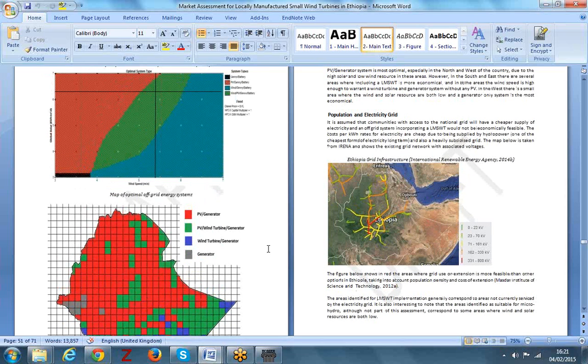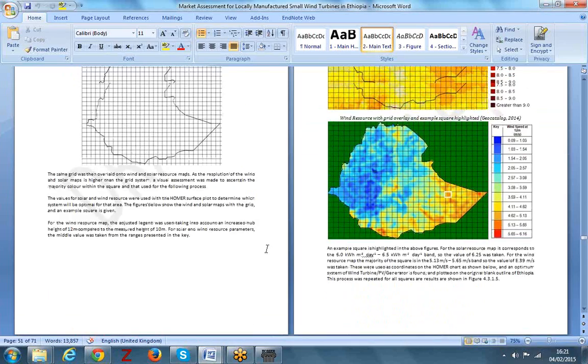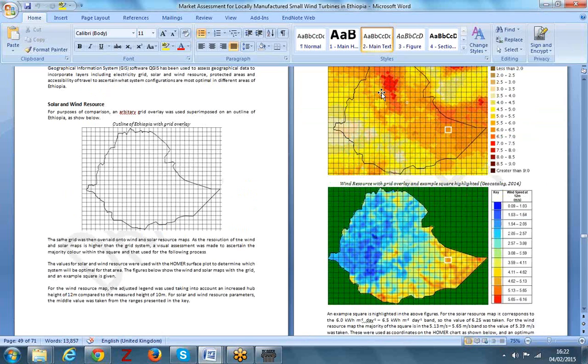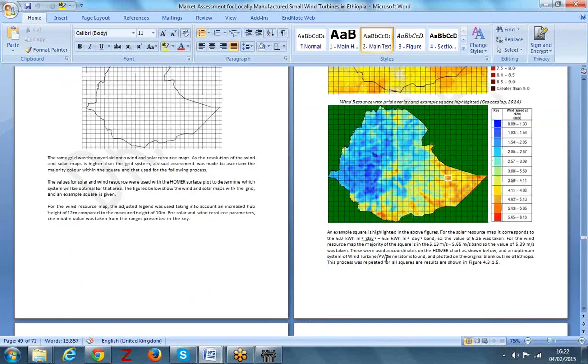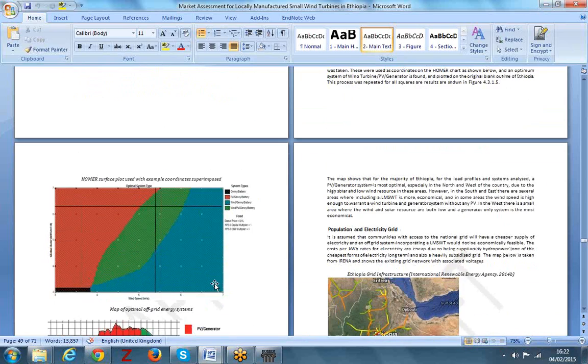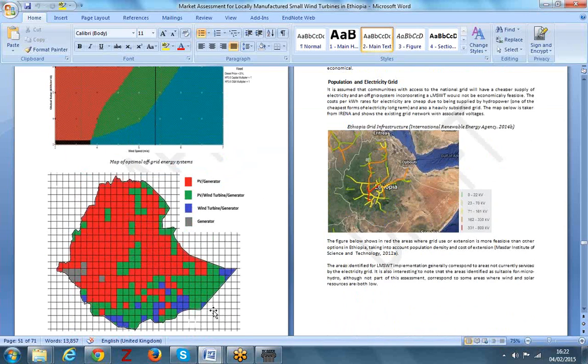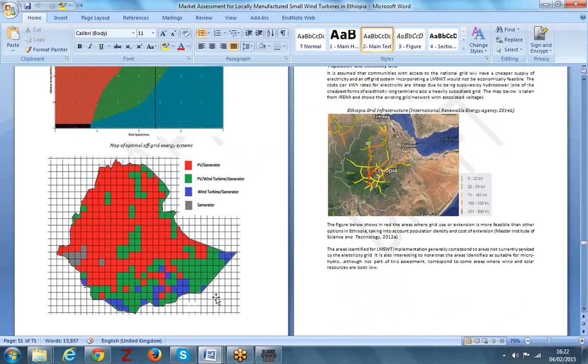It's quite simple. I just drew a grid, and then looked up the values for solar and wind, and used this chart for each coordinate, and then just coloured it in with a drawing package like Paint or something. So actually, you don't need GIS at all. You just need a map and Homer, and that's all.